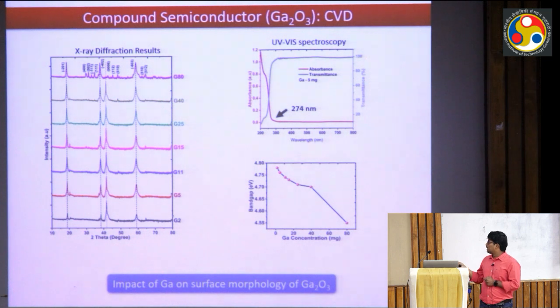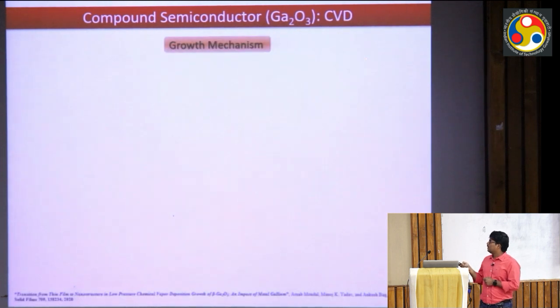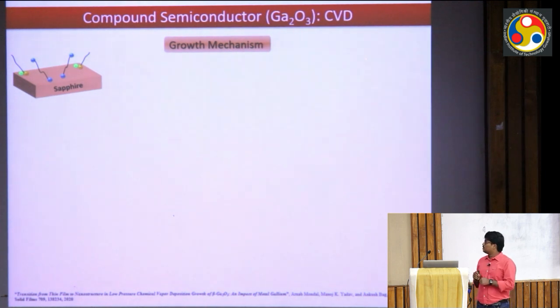Then again, this is another characteristic, like how the band gap is changing with the gallium concentration, and importantly, considering the CVD context, how the growth is happening. Here we are taking sapphire as the substrate. On sapphire, our two precursors are gallium metal itself and then oxygen.